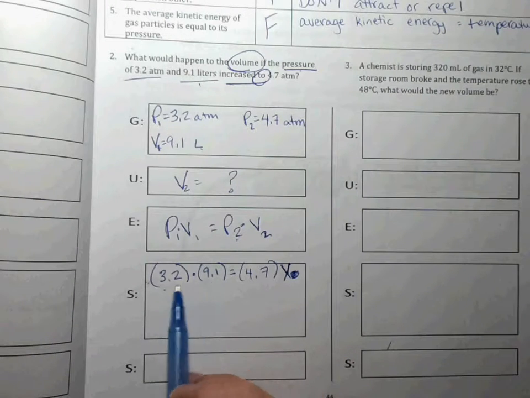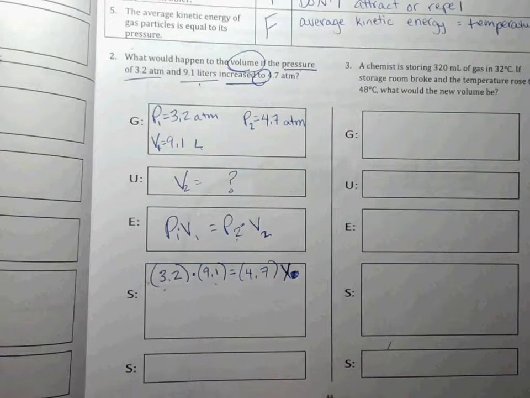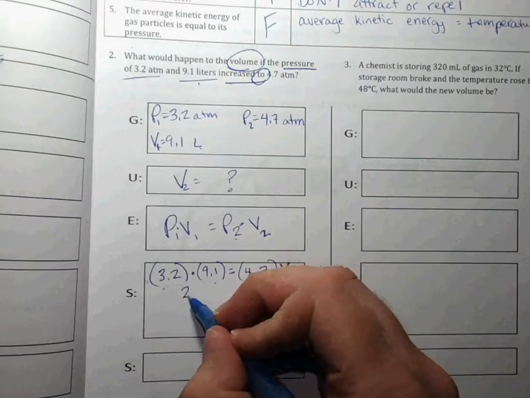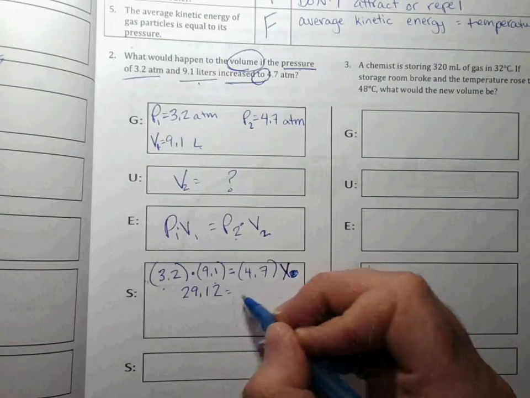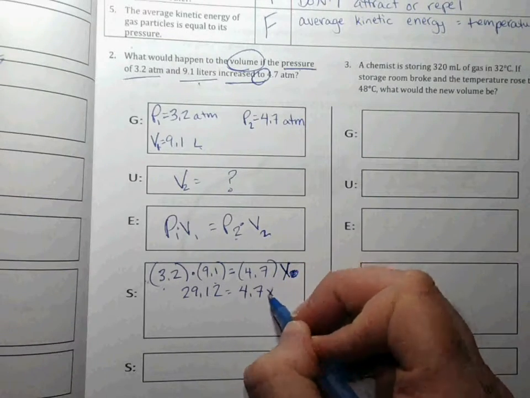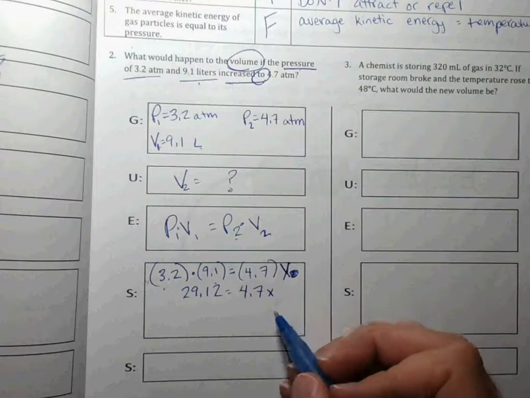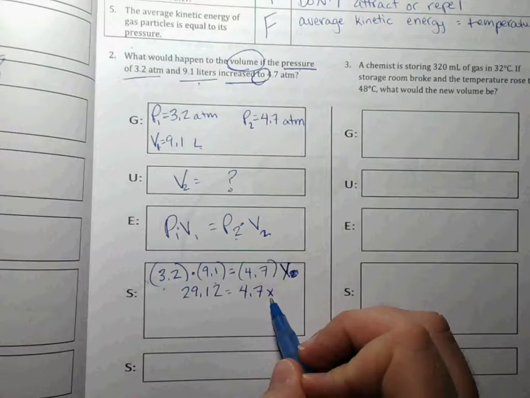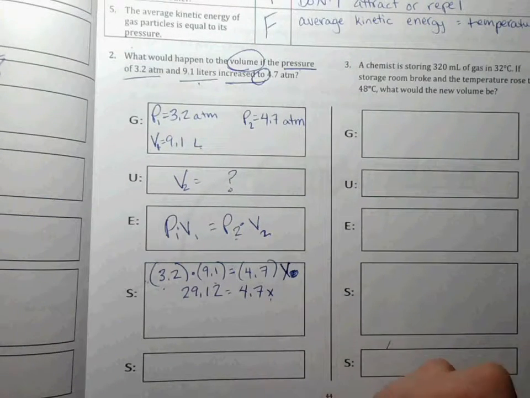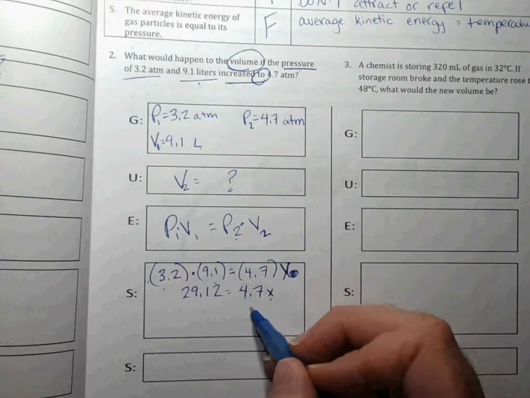Either way, you're going to have to multiply these. 3.2 times 9.1, which is 29.12. That equals 4.7x, basically. So to solve for x, to isolate x, you're going to have to do the opposite of what's happening to x right now. Right now, x is times 4.7.